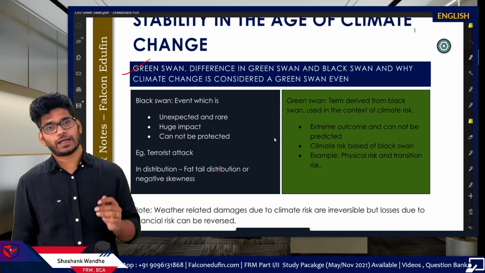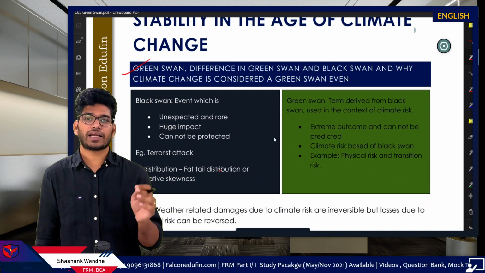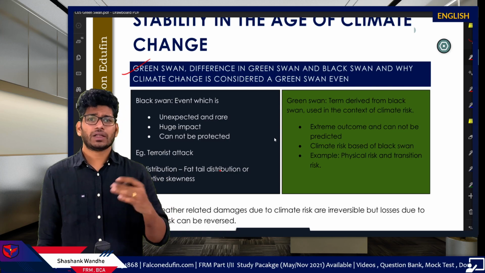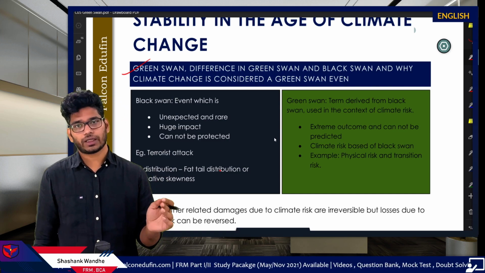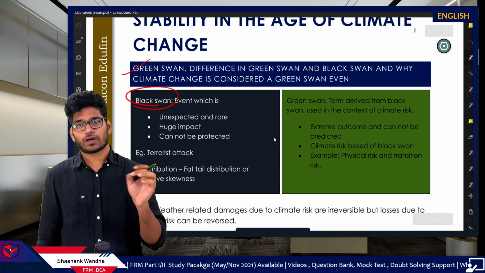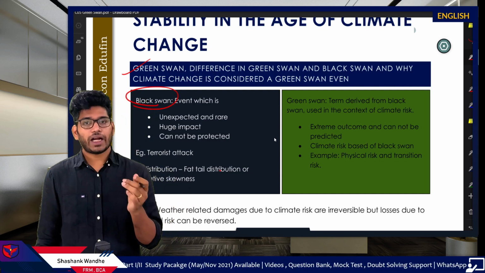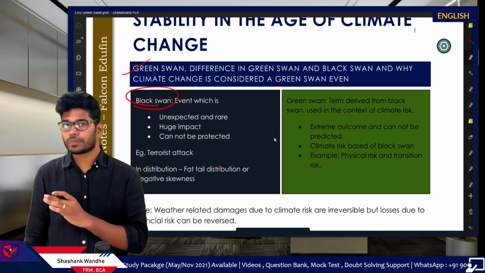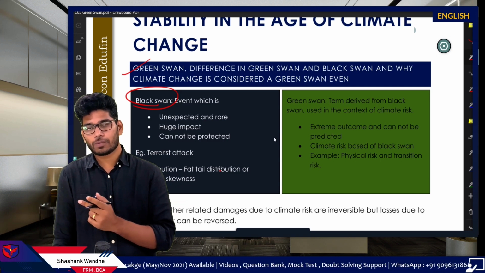Black Swan events are events which are unexpected and rare, with a huge impact, and cannot be protected against. The term Black Swan event was coined by Nassim Nicholas Taleb in his very famous book on Black Swan events.